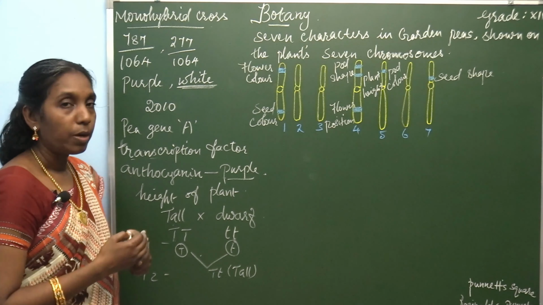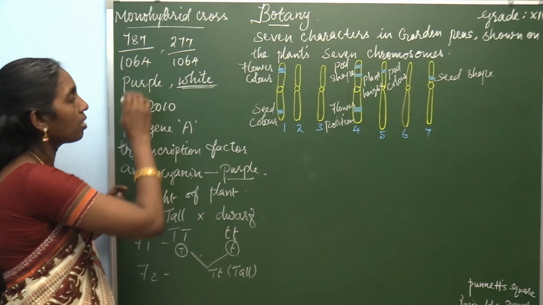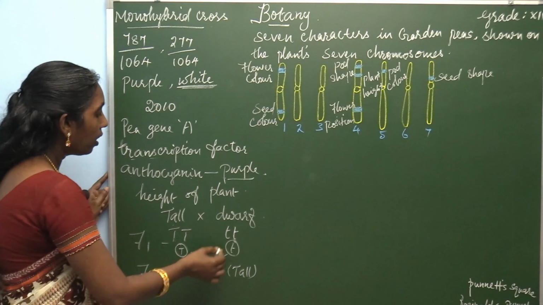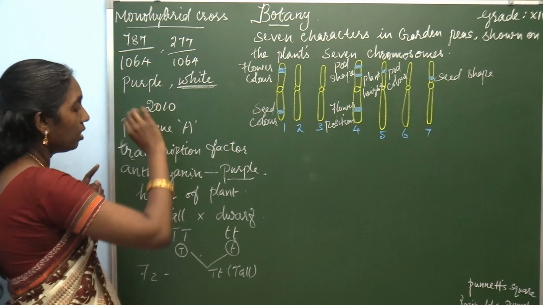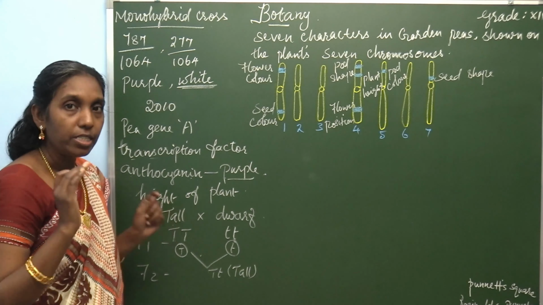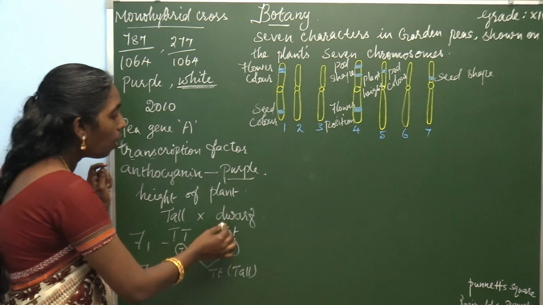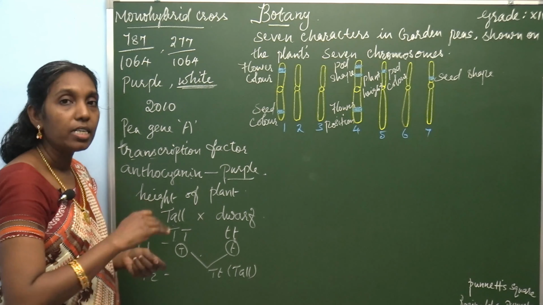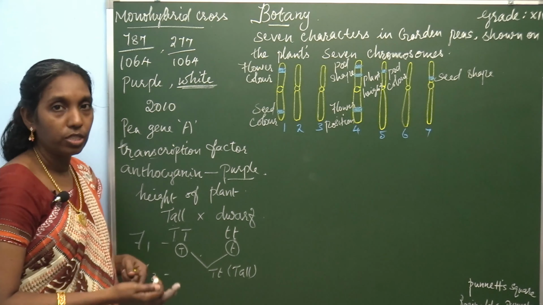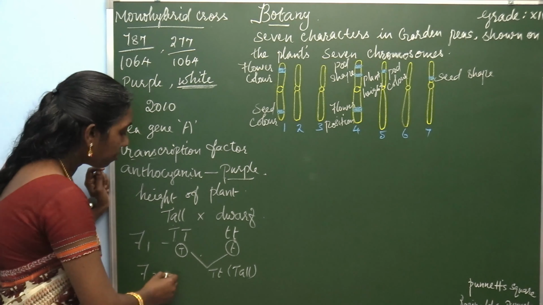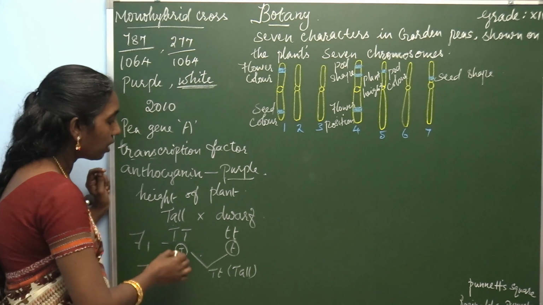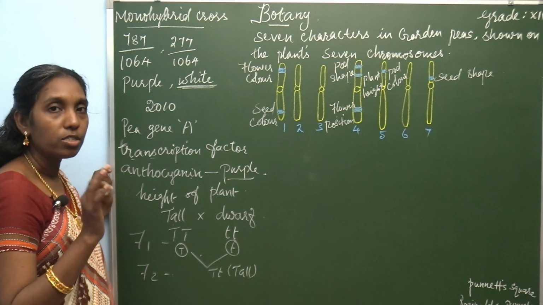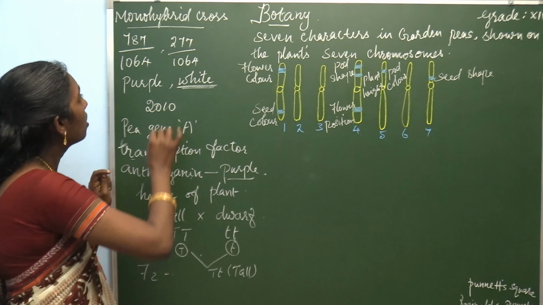When he experimented with 1064 plants, in the F1 generation all were tall, and the dwarf is not expressed in F1, but it is expressed in the F2 generation. In the F2 generation, it gives the ratio 3:1 phenotypically and 1:2:1 genotypically.